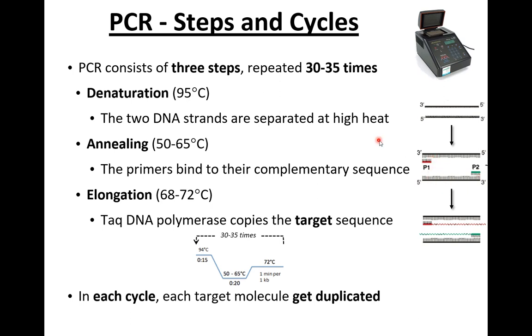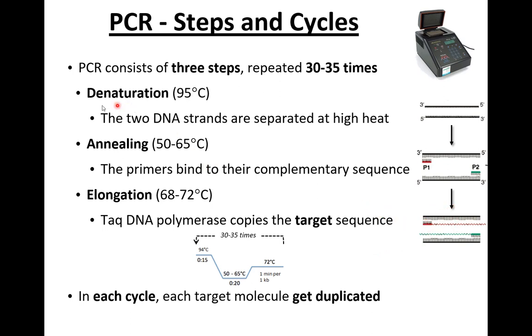Once this is achieved, then each cycle moves to the third step, which is elongation. This is done at a higher temperature than the annealing, so between 68 to 72 degrees Celsius. And this is when actually the DNA polymerase now will start copying or expanding the primers, starting from the 3', so going 5' to 3', will start copying the complementary sequence in the target sequence in the template DNA.